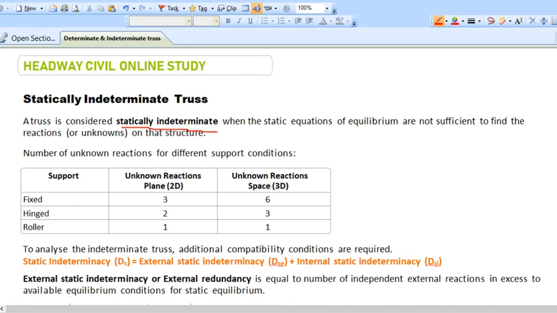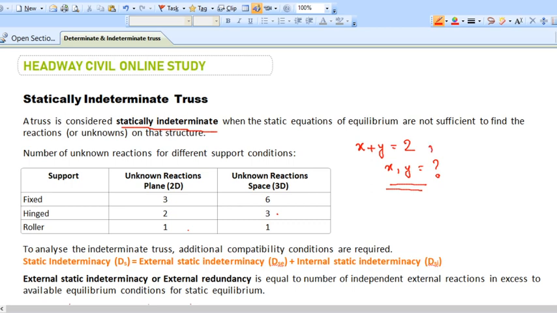For example, if I give you an equation like x plus y equals 2 and ask you to find x and y, will you be able to find it? The answer is no. Why is it so? Because we have two unknowns, x and y, but the available equation is only one. So in order to find both of these unknowns, we need at least two equations.